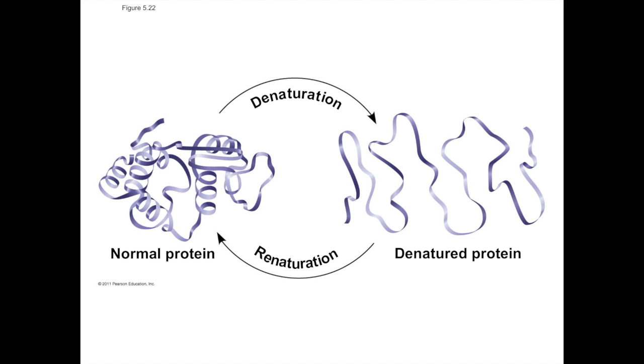This is something you've probably done and maybe not realized it. So if you ever hard boil an egg, the egg white is liquid. If you just crack an egg open like you're going to put it in your cake or your cookies, use it as a cooking ingredient, then it's liquid. It's a liquid protein.